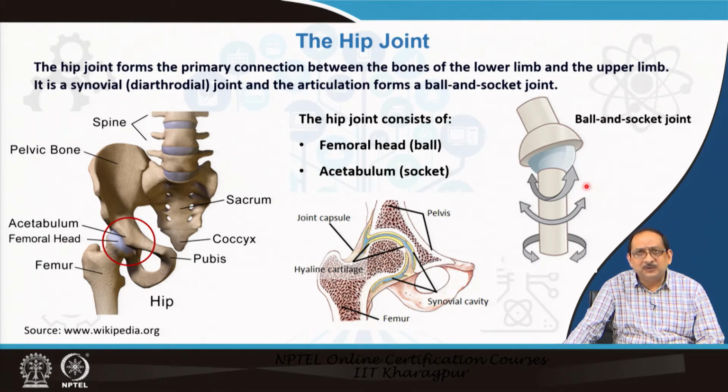The hip joint consists of the femoral head, which is the ball, and the acetabulum, which is part of the pelvic bone and is regarded as the socket. So, the hip joint basically is an articulation between the femoral head and the acetabulum.